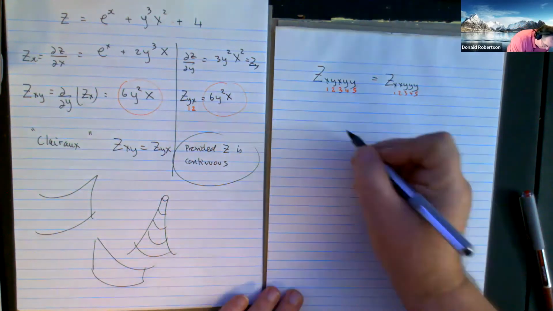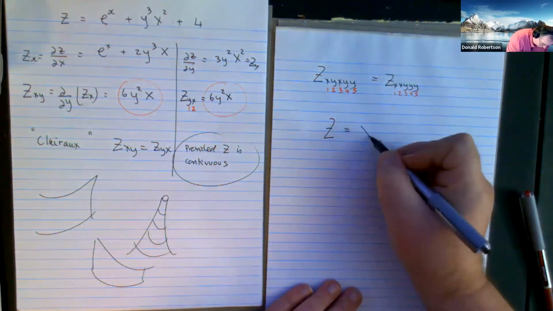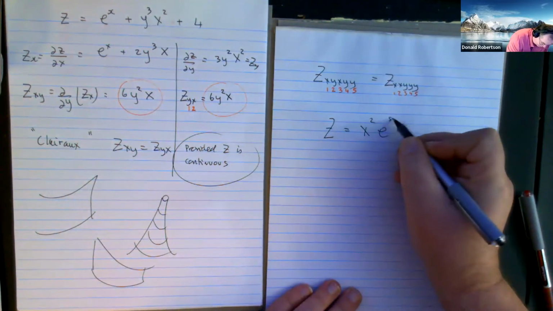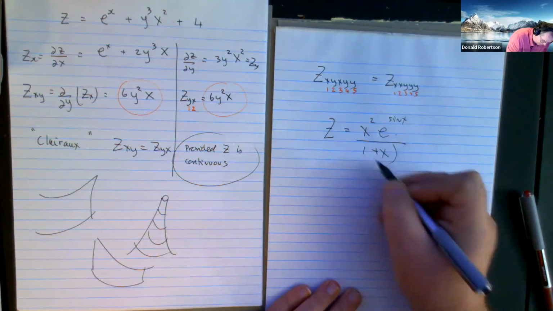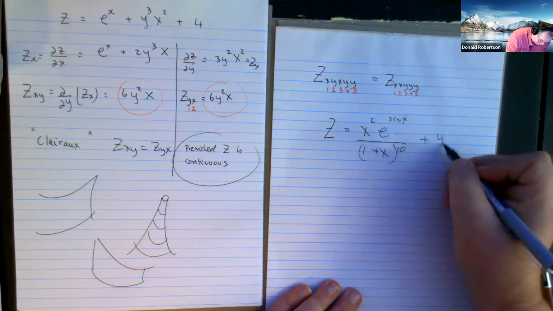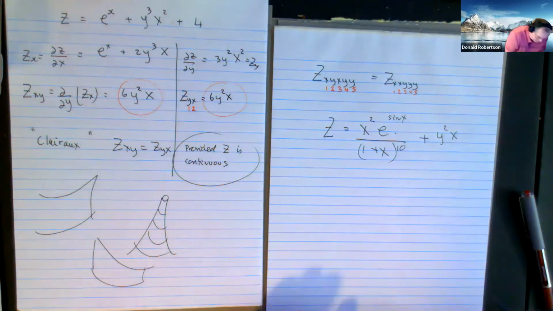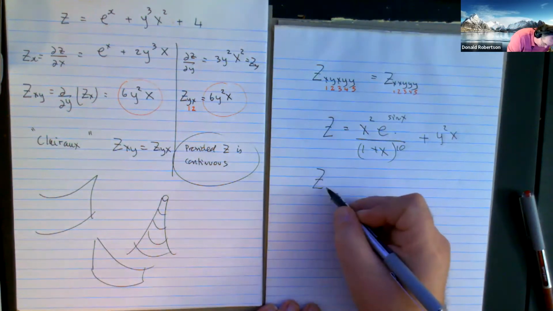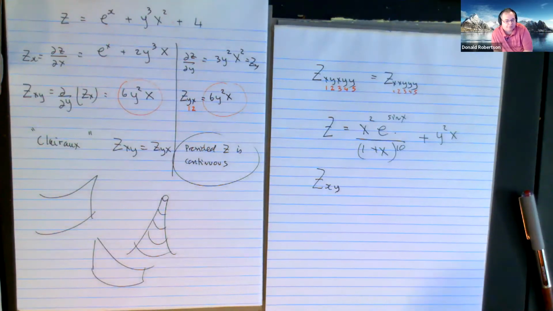I'll give you an example. Suppose I had a function that looked like this. Suppose I had that function and you asked me to find that partial derivative.